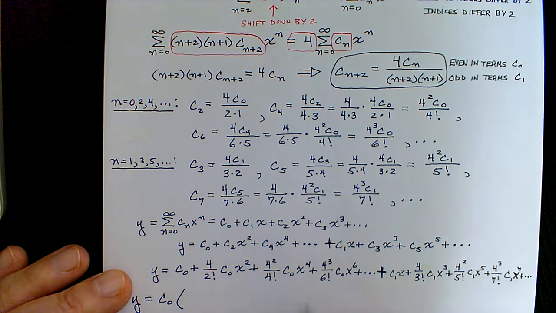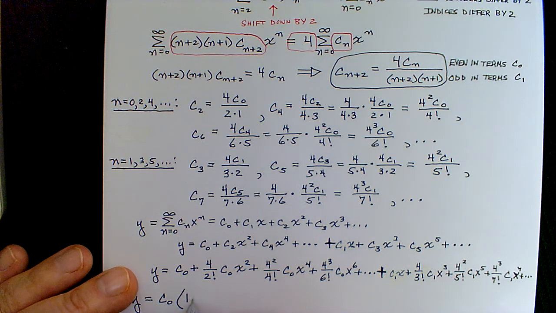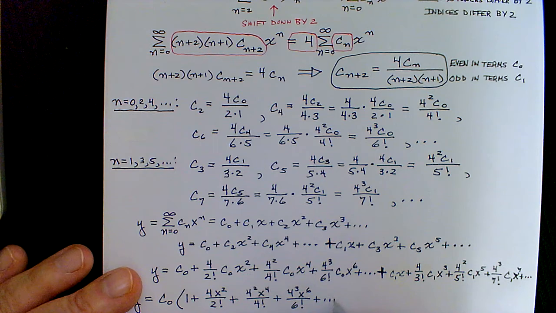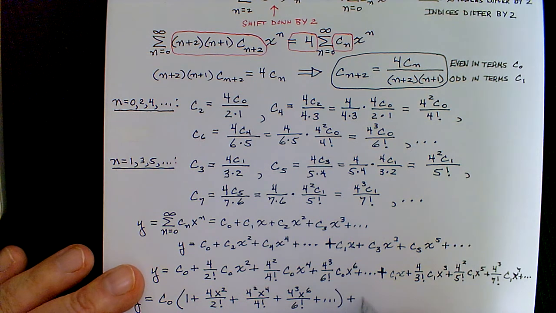Factor out c sub 0 from these evens, and we have 1 plus 4x squared over 2 factorial plus 4 squared x to the 4th over 4 factorial plus 4 cubed x to the 6th over 6 factorial, and so on.